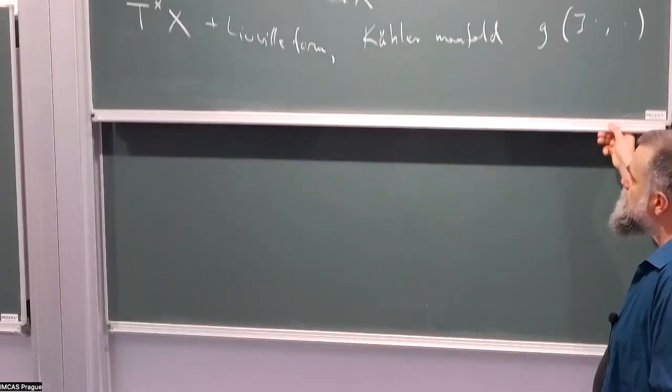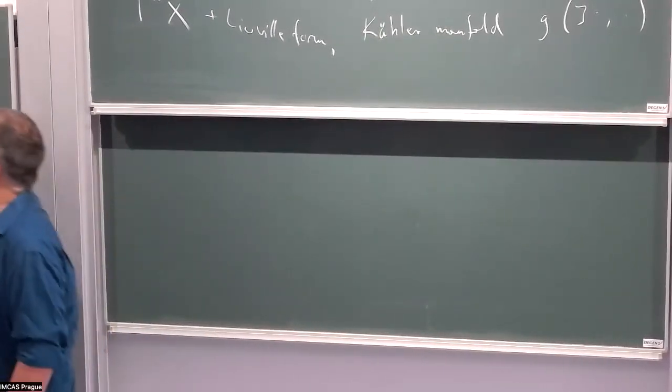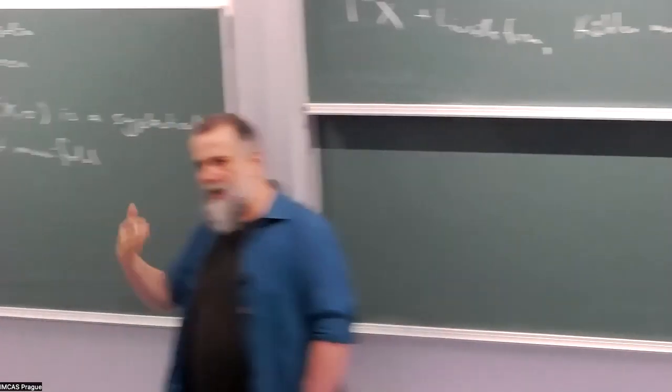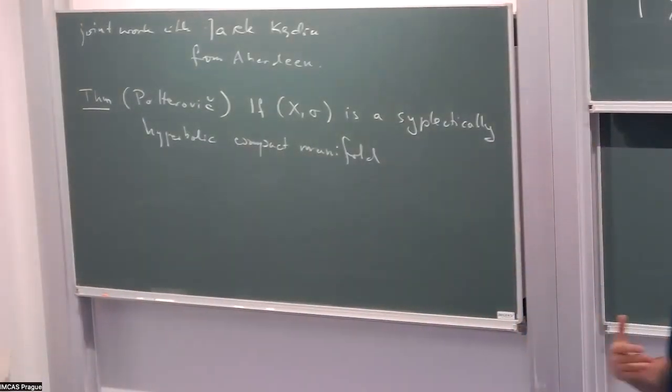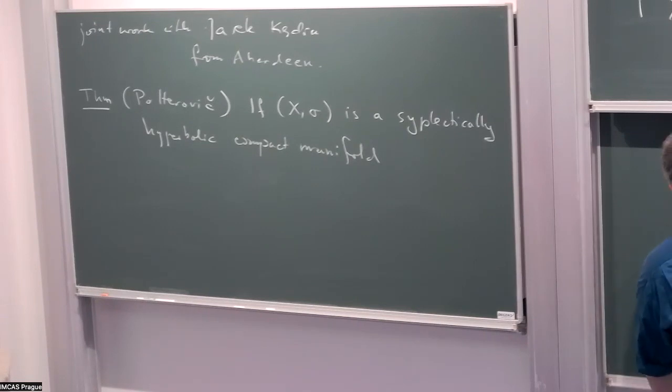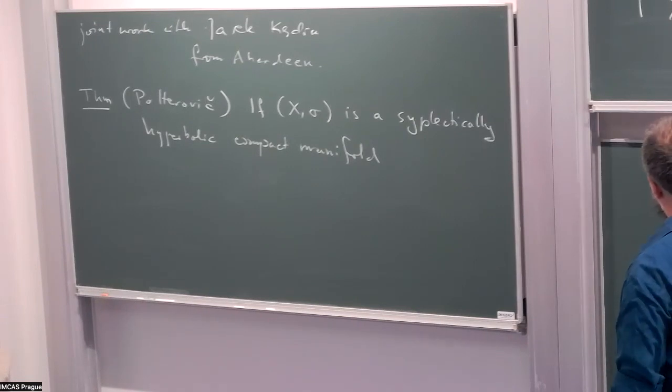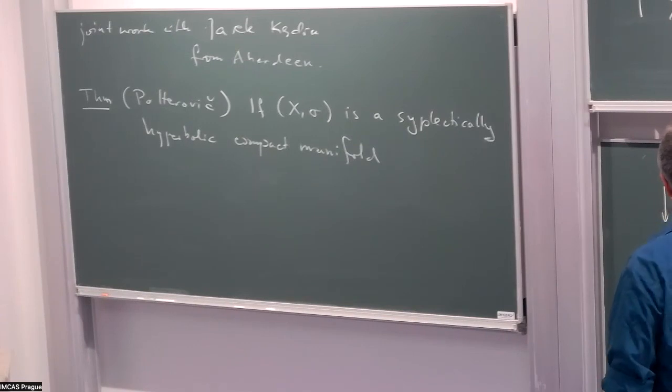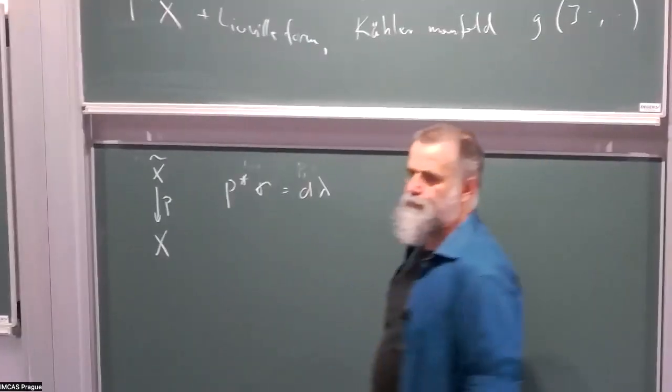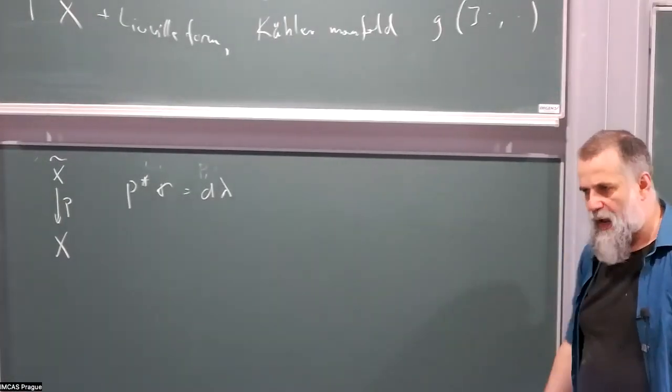So in my case, I start with a compact manifold, but immediately I go to the universal cover. The first thing I need is that if I look at the pullback of sigma to the universal cover, it is the derivative of something. I have this primitive.